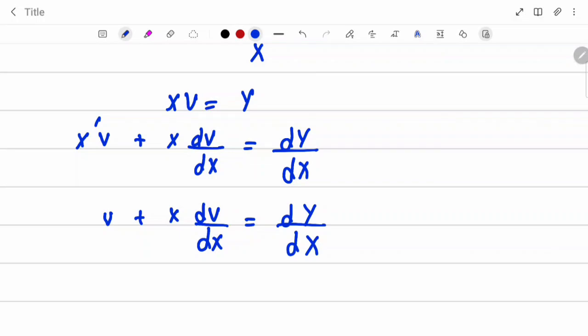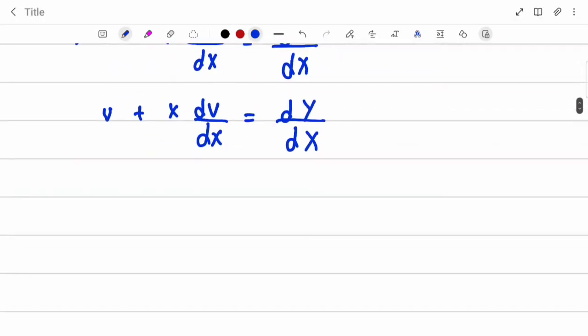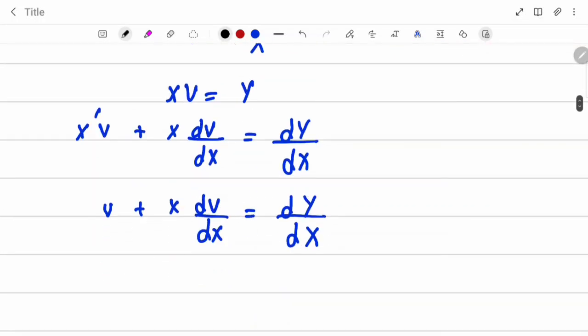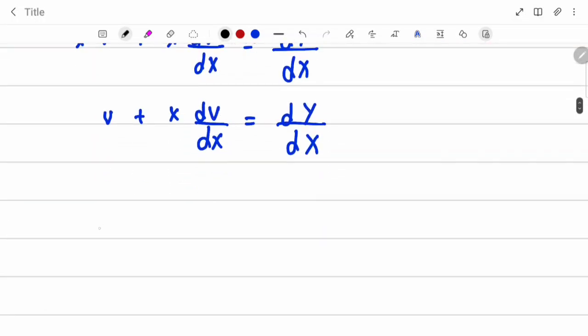Now the substitution becomes easier. So instead of dY over dX, we can write v plus X dv over dX.